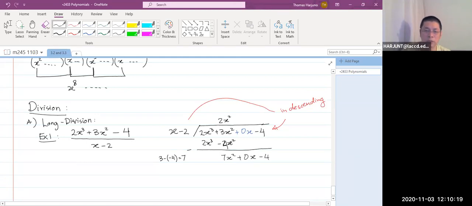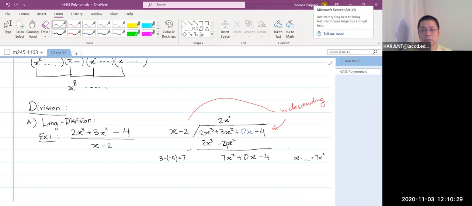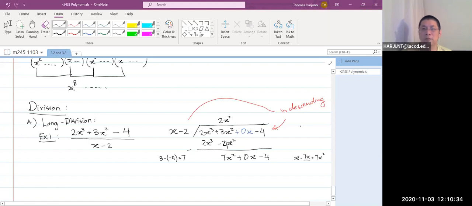Now you repeat the process again. X times what gives me 7x squared. That will be 7x, right? But here, x times what gives me 2x cubed. That's 2x squared. Now the next one is 7x, so I have plus 7x. Then distribute this 7x to x and to negative 2.